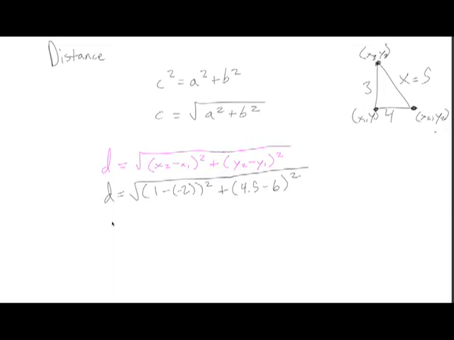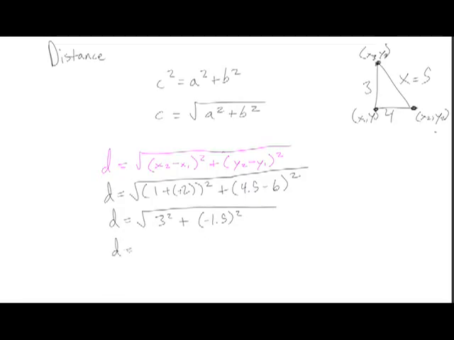So now my distance is equal to the square root, and I just need to simplify. 1 minus -2 is the same thing as 1 plus 2, so this is 3 squared, plus 4.5 minus 6, which is -1.5, squared.